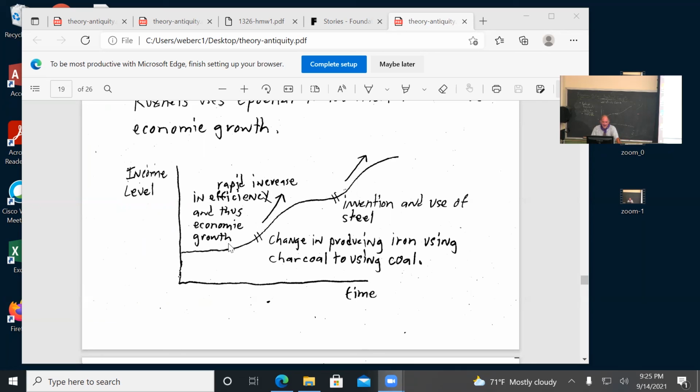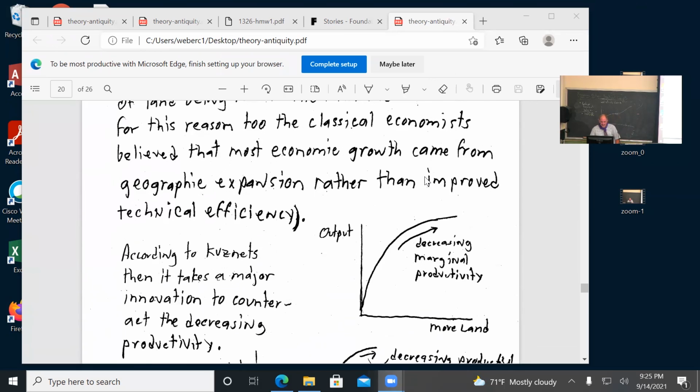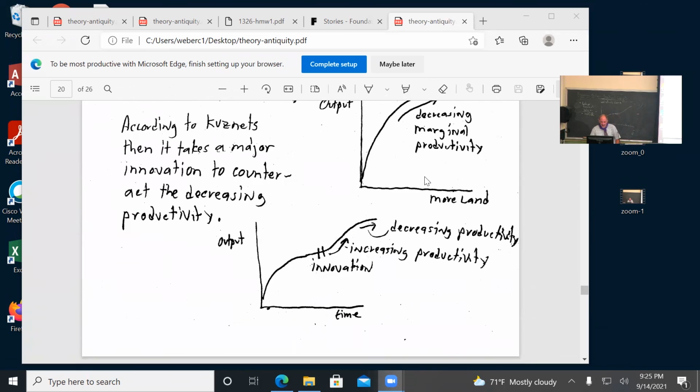So a change in technology will then bring more growth. A change in another technology will bring more growth. So this phone has been the result of 47 years of innovation, not revolution.